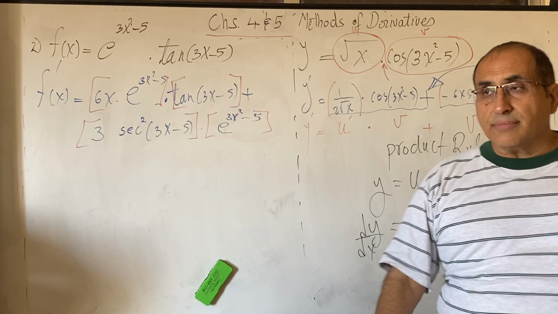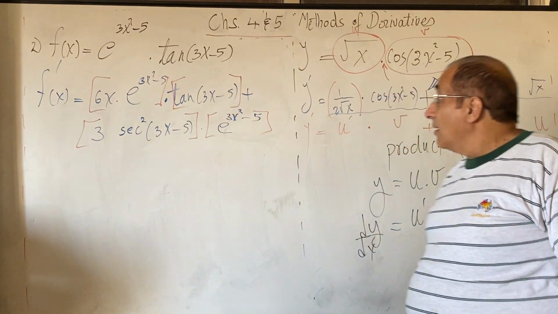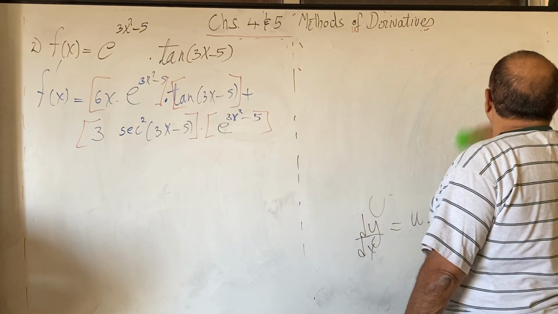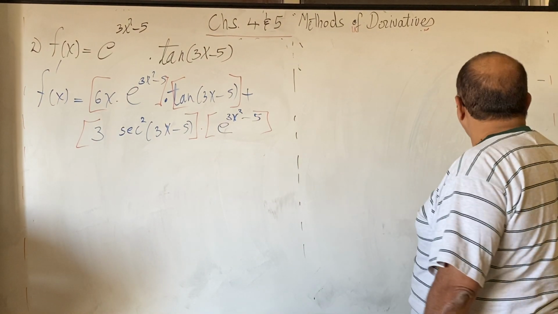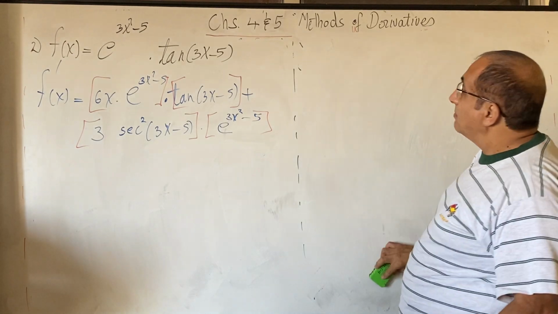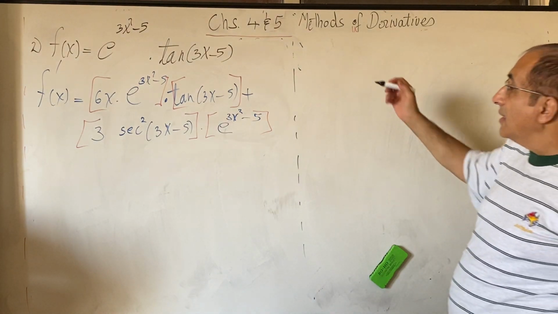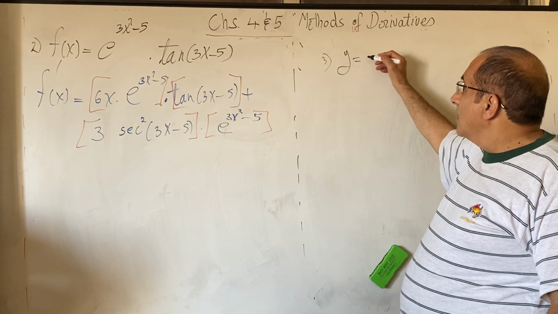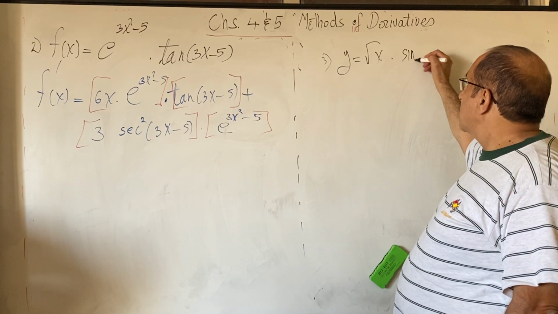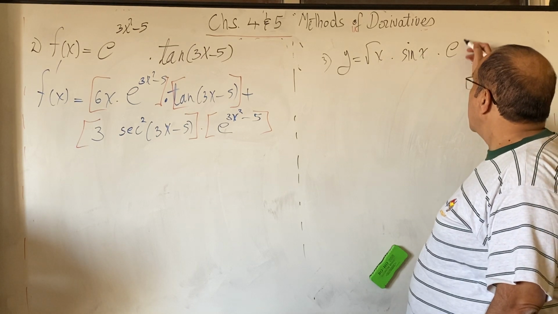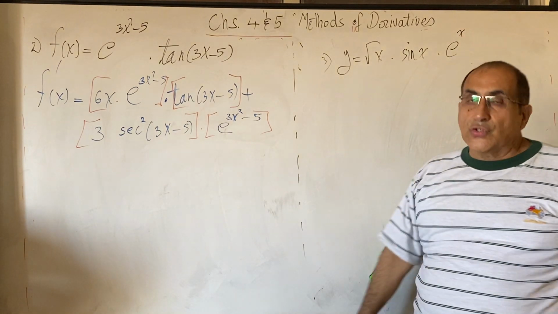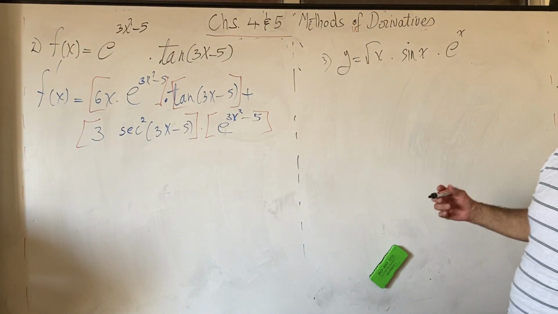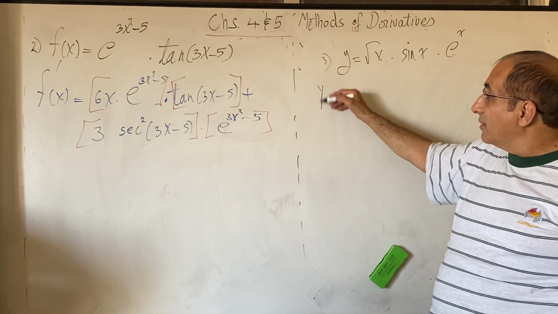All right, gentlemen, ladies. Well, I could give you an extra rule, not in the notes. I would love to bring it into the exams, but probably I can't. Let's suppose we have a function y equals square root of x times sine x times e to the power x. So how many functions are there? 3. This is nice if you like to follow up with me.